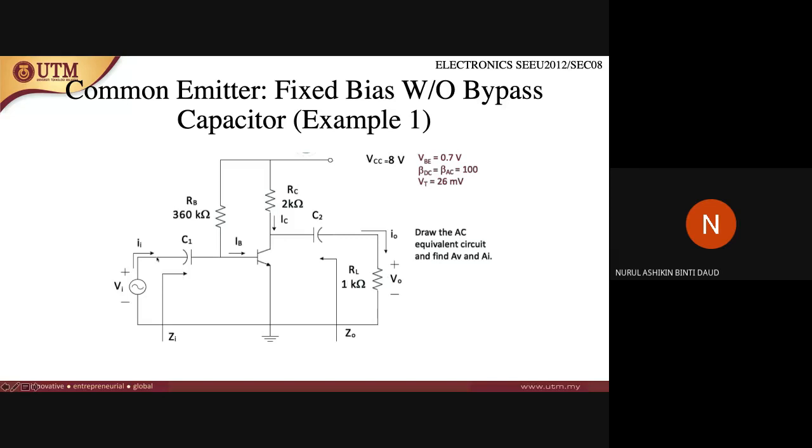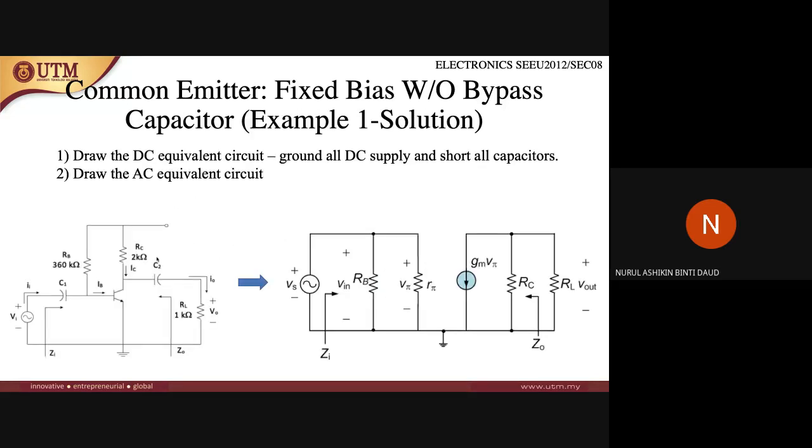From here, we can use Thevenin. Not Thevenin. We can find II here using, this one we already know.